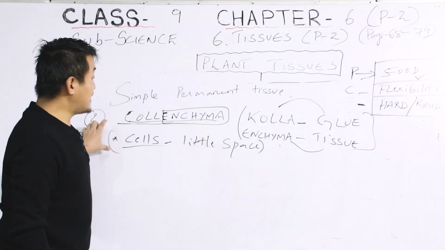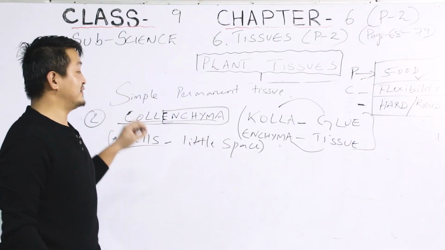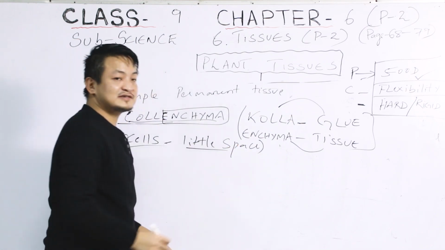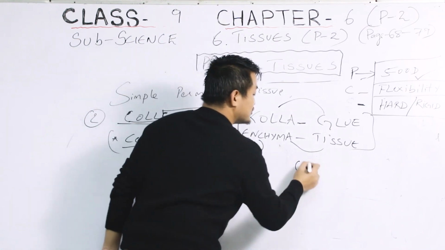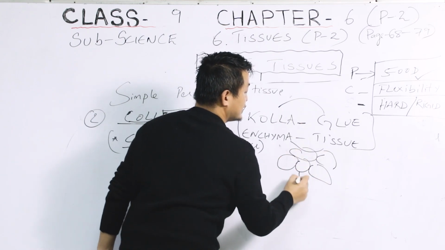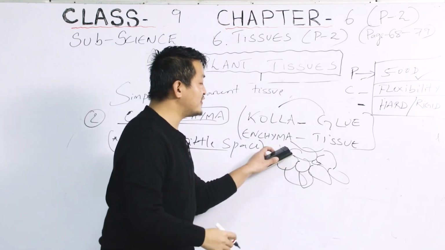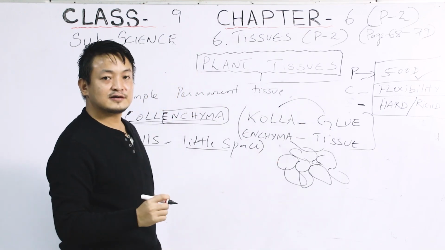For collenchyma, unlike the parenchyma, they don't have large spaces, they have little spaces. Clear? So it will be somehow like this. In between you might find a little space. Clear?